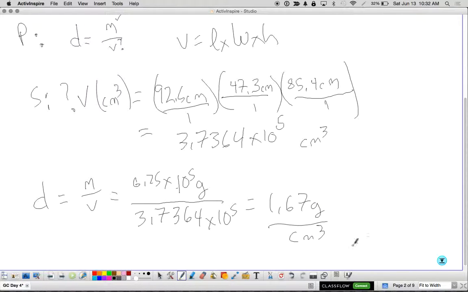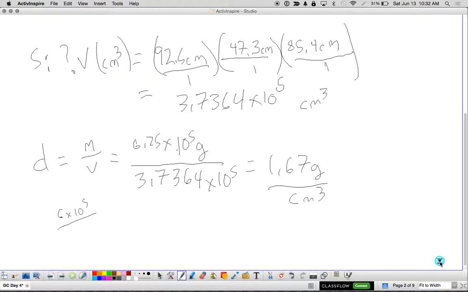Okay, and I can check this to make sure that I'm getting the right order of magnitude. All right, so let's just say that, just to make things really easy, okay, this is 6 times 10 to the 5th divided by 3 times 10 to the 5th.